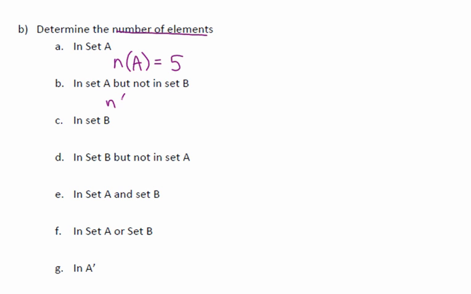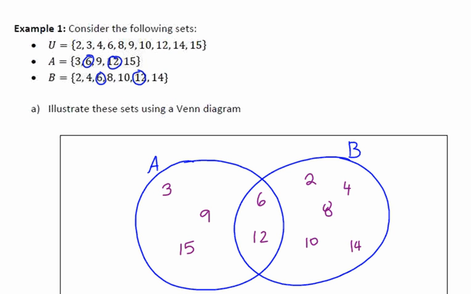Okay, so N bracket A backslash B. So the number of elements in A, not B. How many are in A but not B? 3. This is where the 3 comes in. So this part here, 1, 2, 3, are in A but not B.